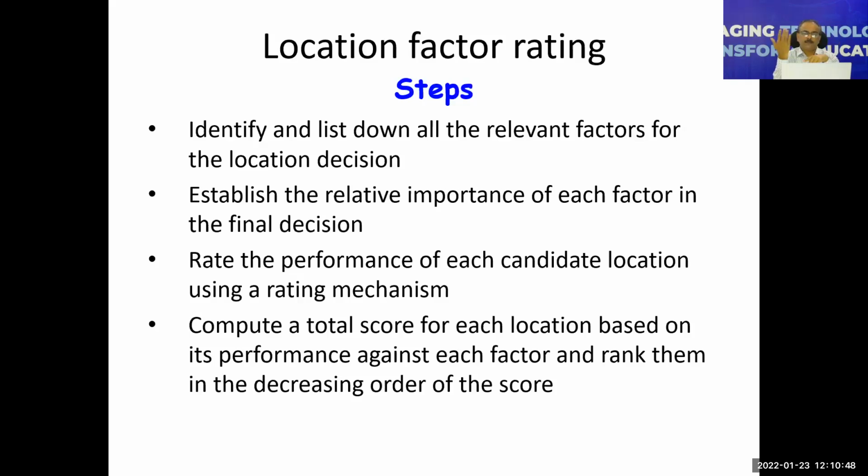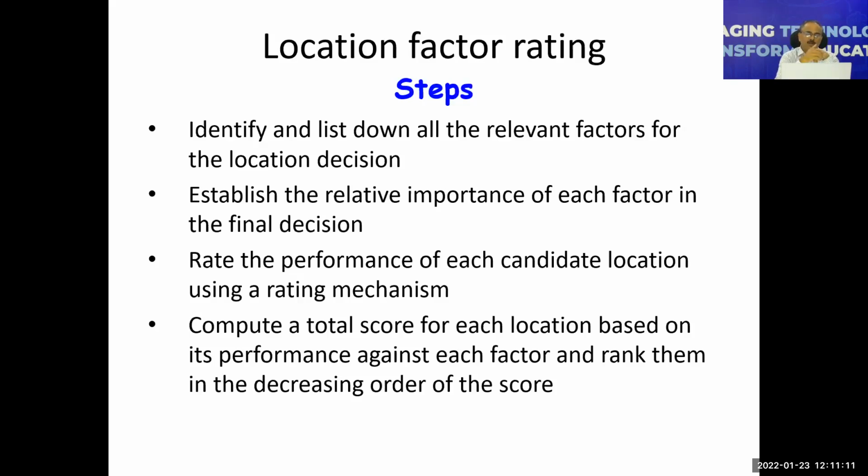Let's say one location will have good raw material available, and maybe the other location will not. So based on the availability of the material, you can have a relative importance of the different locations that you are looking at for setting up your facility.